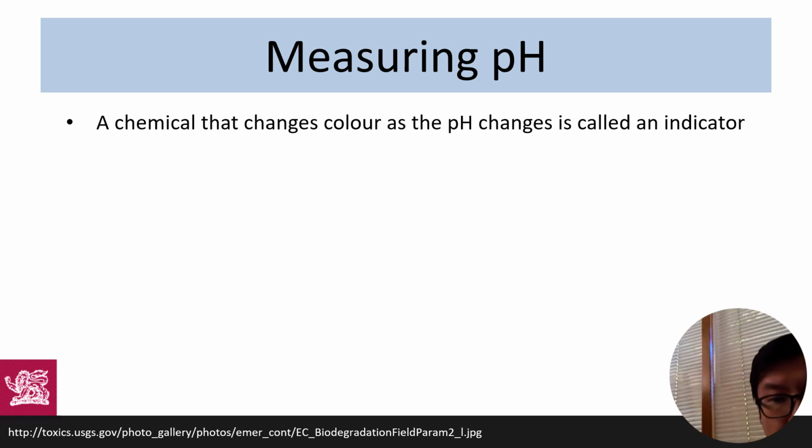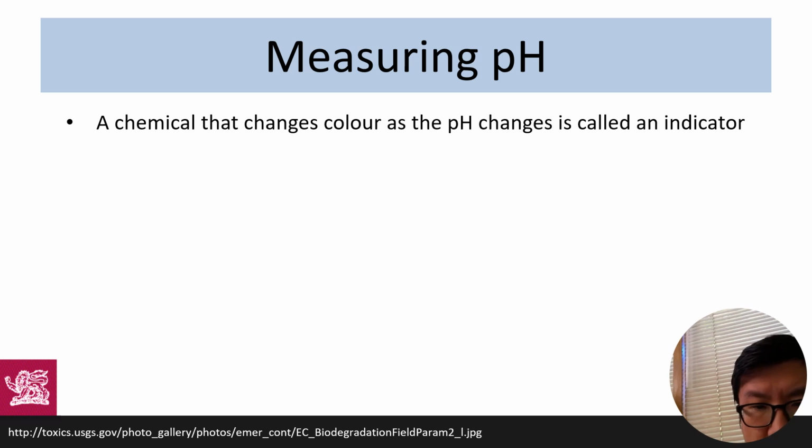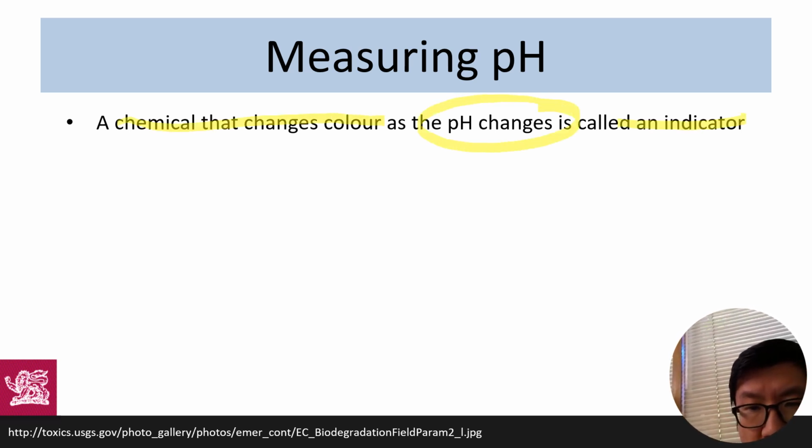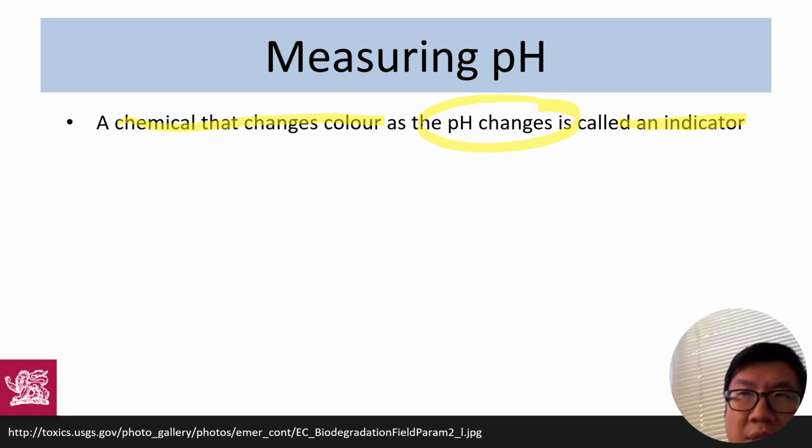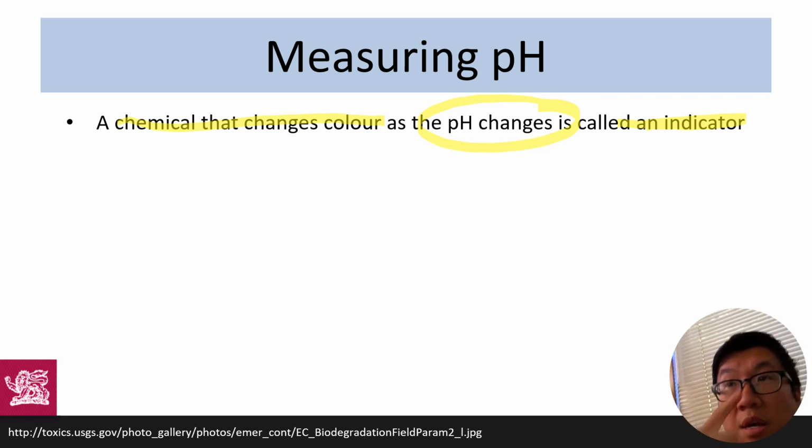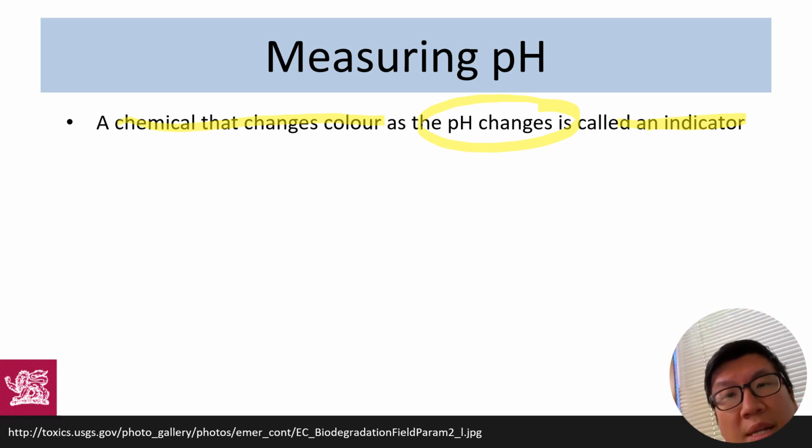So a chemical that changes color as pH changes is called an indicator. You've had experience with this when you were looking at the red cabbage indicator practical in year 9.